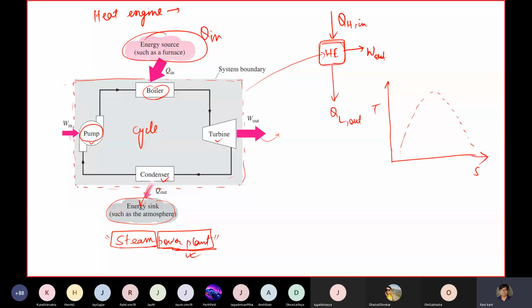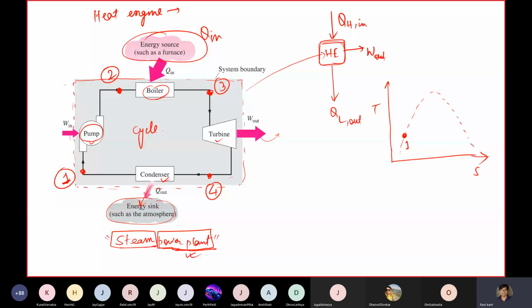We should not be much concerned about what I am doing right now, but just be aware that we will learn these things in more detail in a later section. So 1 is somewhere here, and from 1 to 2 we go somewhere like this.